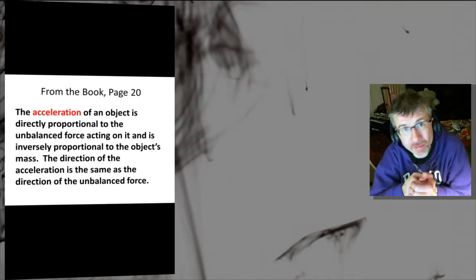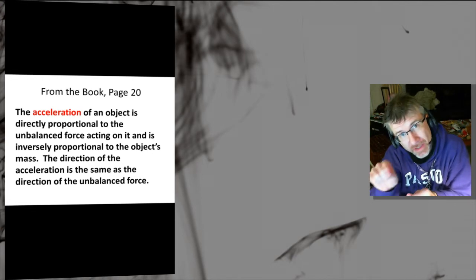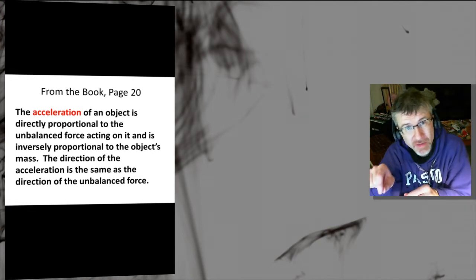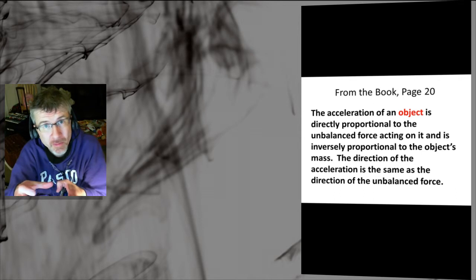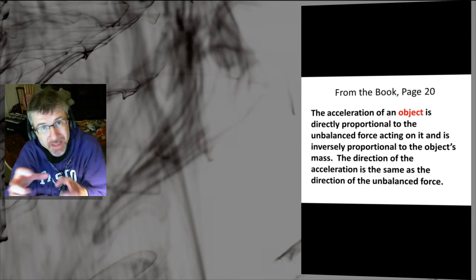Let's unpack this definition piece by piece. When we're talking about acceleration, we're talking about a change in an object's motion. In particular, acceleration is a change in velocity, the change in speed, divided by the change in time. An object: a system can be broken down into pieces, components.